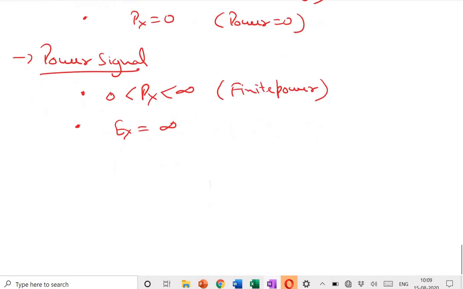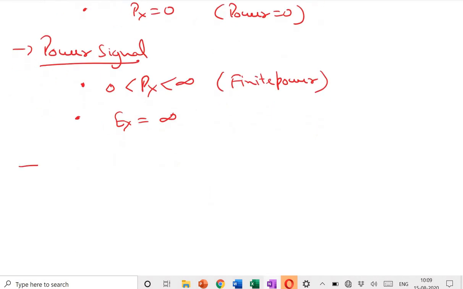Another important point to be noted over here is that a signal cannot be both an energy signal and a power signal simultaneously.